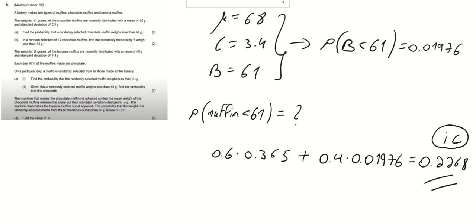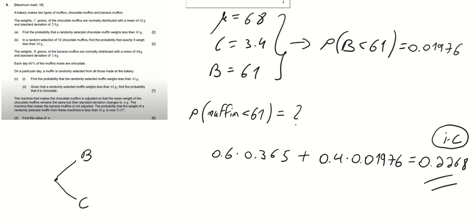And now this is the value of 0.2268. This is the answer to C1. And here I just want to say that this calculation, which I presented rationally, can also be done using a tree diagram. So we can say that a muffin can be a banana or a chocolate.